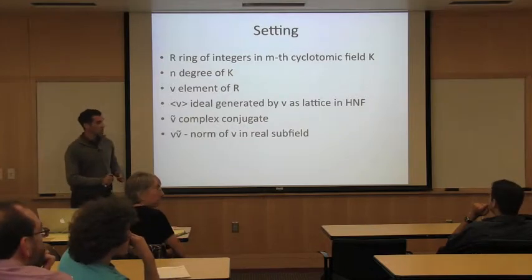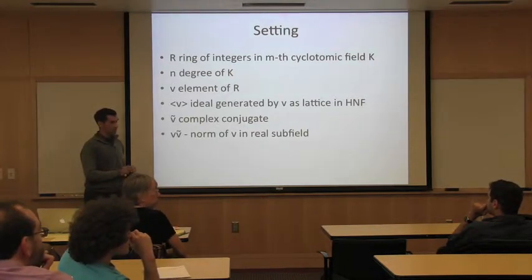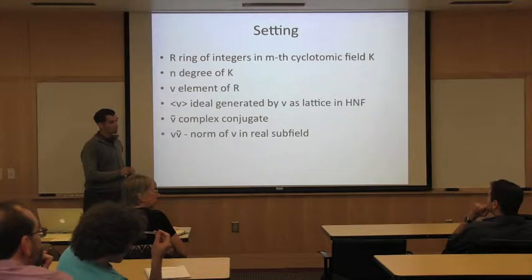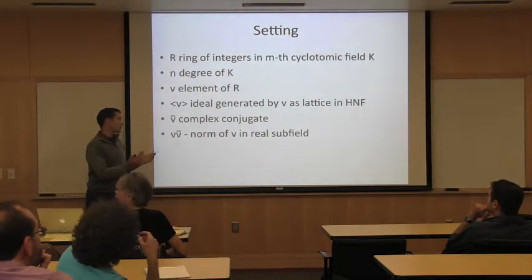Sure, a question. When you talk about Hermite normal form, that's something you can do if you have an integer or rational lattice. Now if you take this number field with a canonical embedding, no, I don't think there's a Hermite normal form for the canonical. No, right.